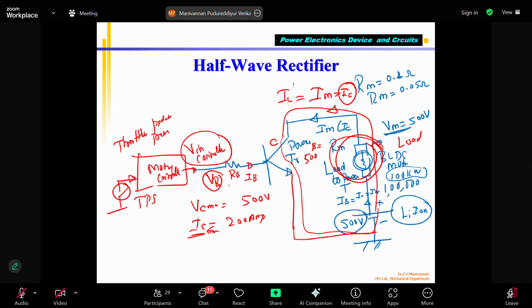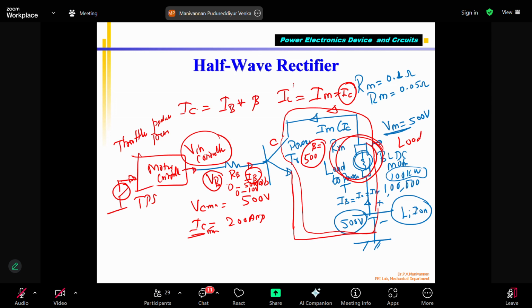That VB will be varied from 0 to, for example, 50 volts. It can be 0 to 50 volts or 0 to 10 volts, something like that. Correct? That is given to the base. Due to that, there will be IB. This IB, that means the transistor has a beta. IB multiplied by beta is nothing but IC.